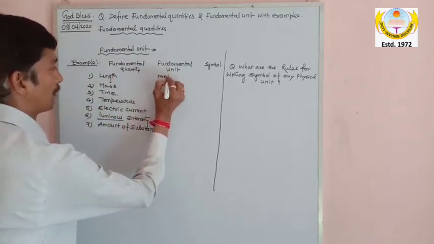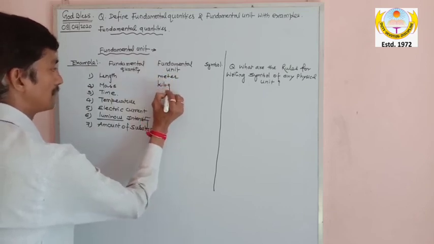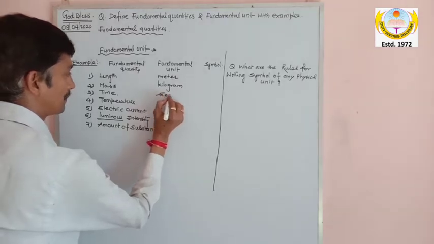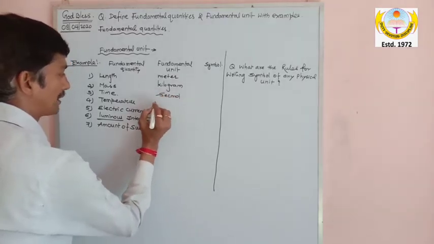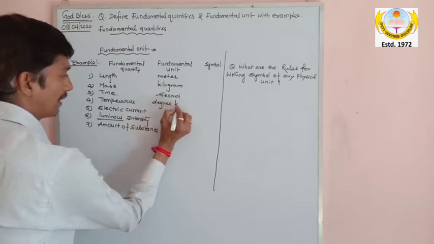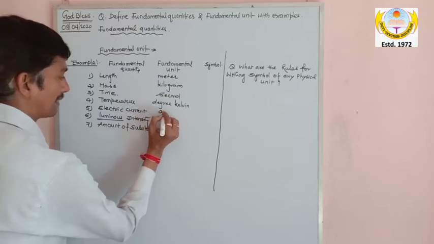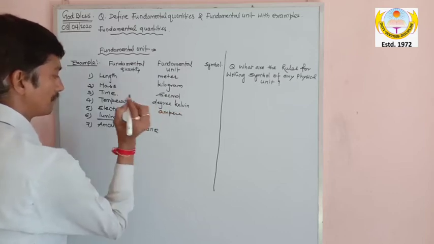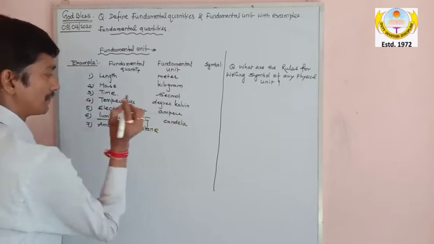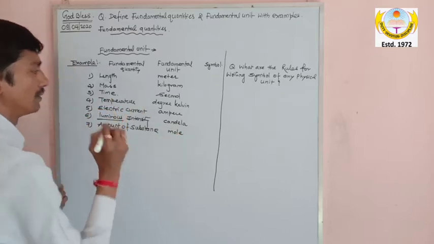Length has a unit of meter, mass has kilogram, time has second, temperature has degree Kelvin, electric current has ampere, luminous intensity has candela, and amount of substance has a fundamental unit called mole.